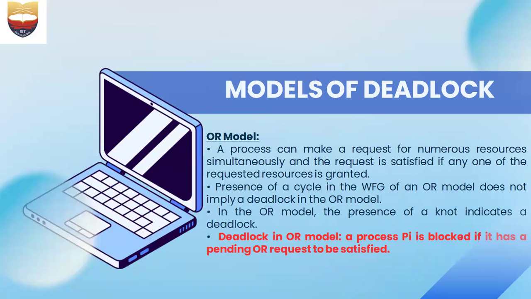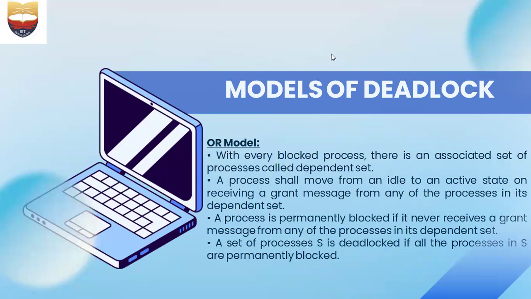Deadlock in OR model: a process Pi is blocked if it has a pending OR request to be satisfied. With every blocked process, there is an associated set of processes called dependent set. A process shall move from an idle to an active state on receiving a grant message from any of the processes in its dependent set.